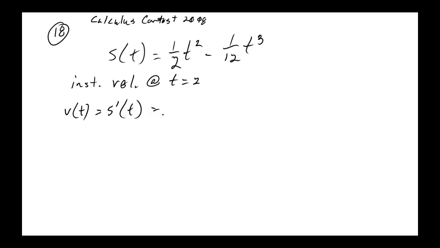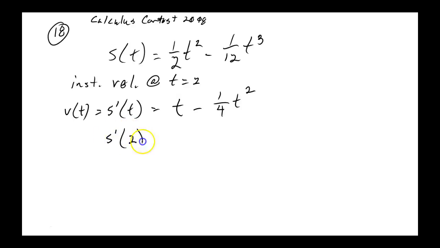So, you want to tackle this one, Richard? Sure. So you bring the 2 down. 1/2 of 2 would be 1 times t. And then 1/12 of 3, the 3 goes on top, so that's 1/4 t squared. Good. And now plug in t equal 2.